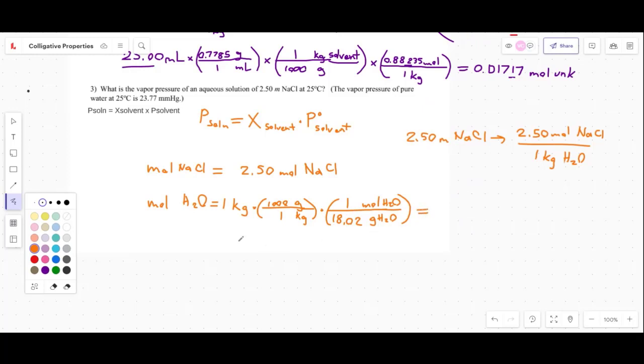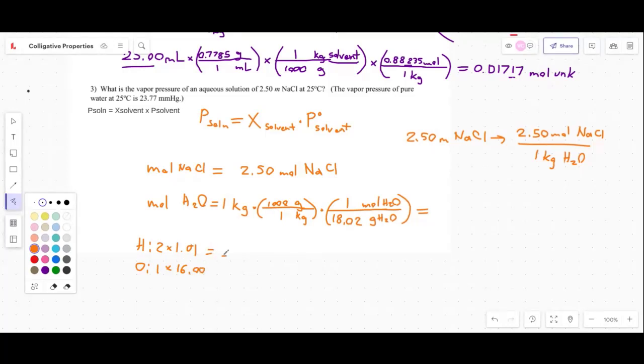And you all know how to calculate molar mass, I'm sure, but essentially it's the mass of 2 hydrogens, 1.01 roughly, and the mass of 1 oxygen, which is 16.00 roughly.